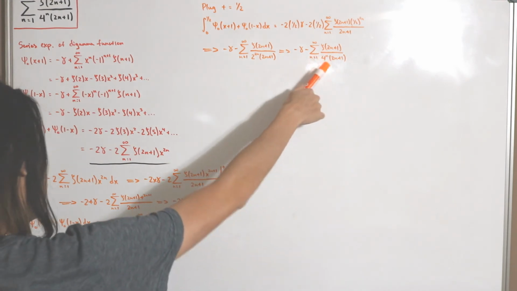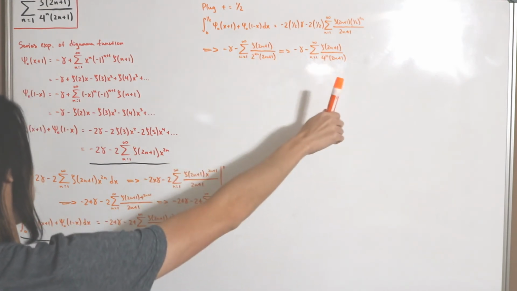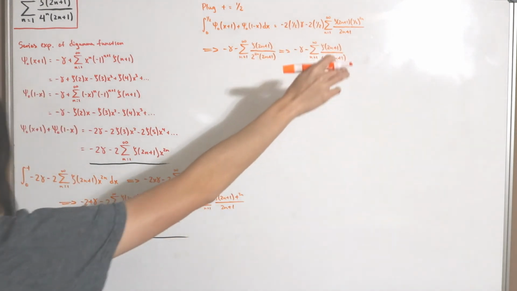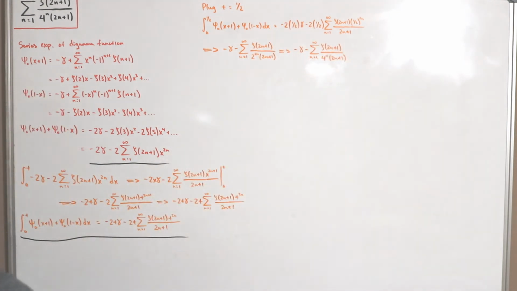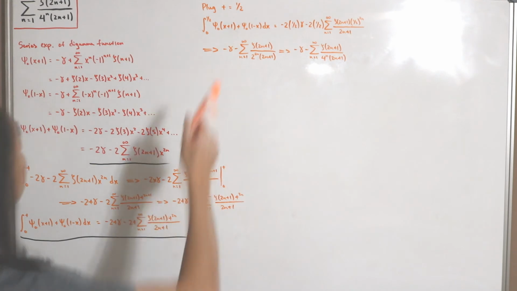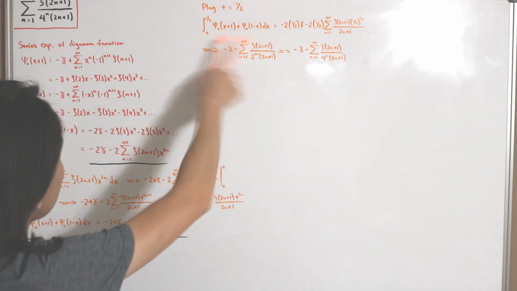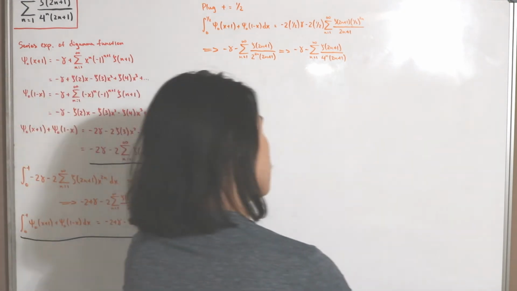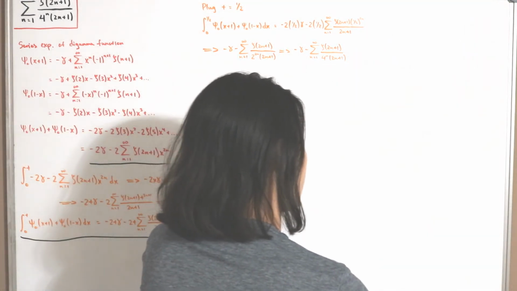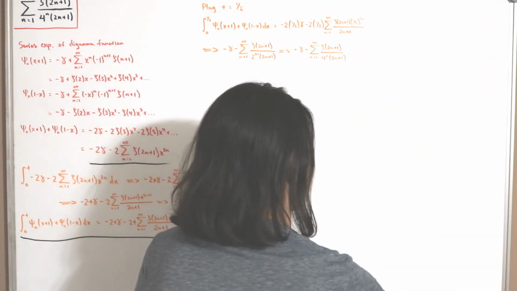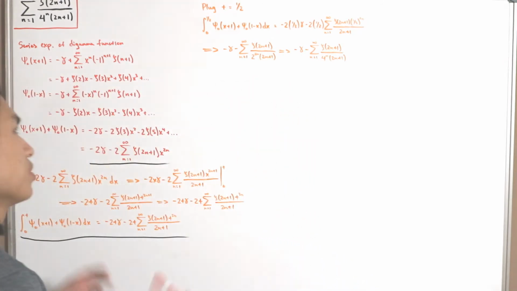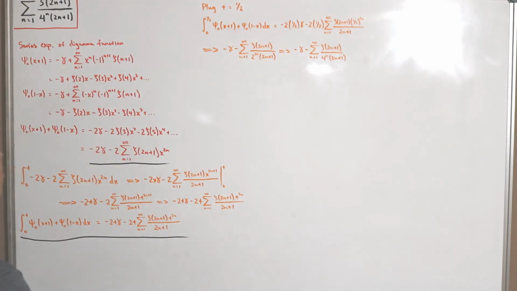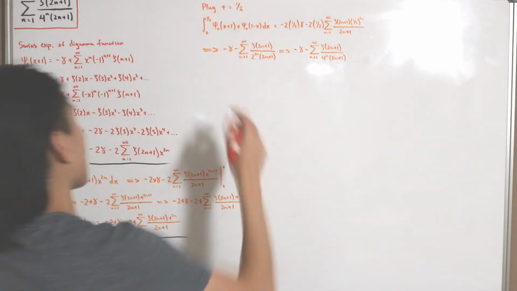Okay, so far we already simplified the right-hand expression over here, but now all that's left is to evaluate, or rather simplify, the left-hand side. So how do we do that exactly? Well, remember what I said: by definition the digamma function is the logarithmic derivative of the gamma function. So we're going to use that property to help evaluate this integral on the left side.